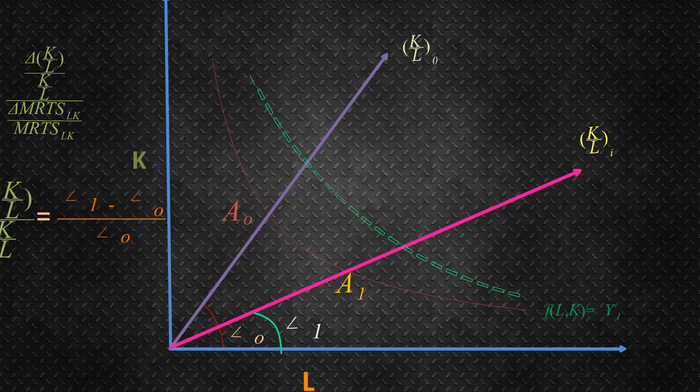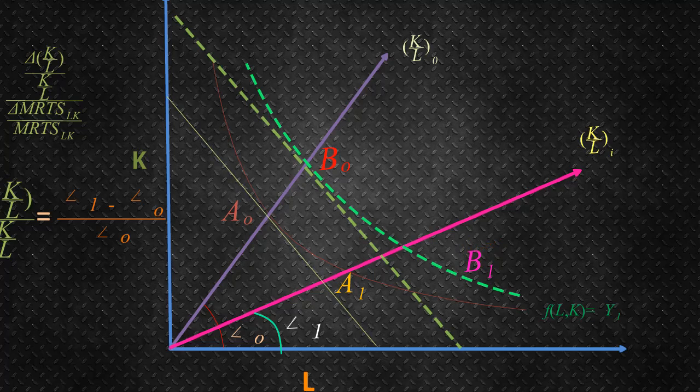Now take a new isoquant having less curvature than the original isoquant Y1. Suppose our initial point is B0 and we move to B1 along the new isoquant. Points B0 and A0 have the same marginal rate of technical substitution of labor for capital and capital labor ratio, whereas points B1 and A1 have the same marginal rate of technical substitution only.